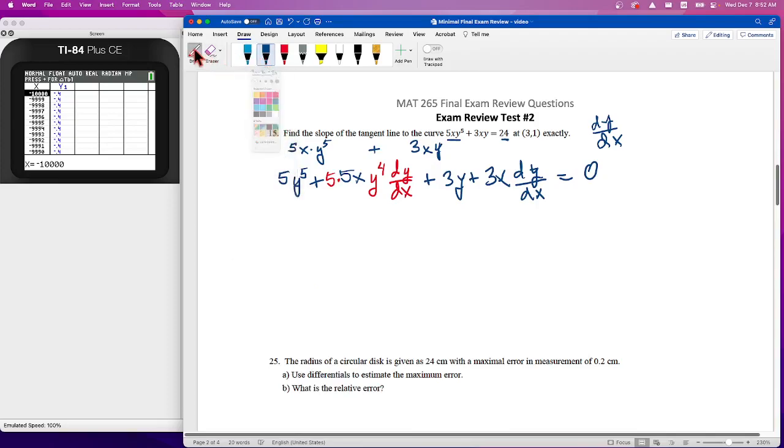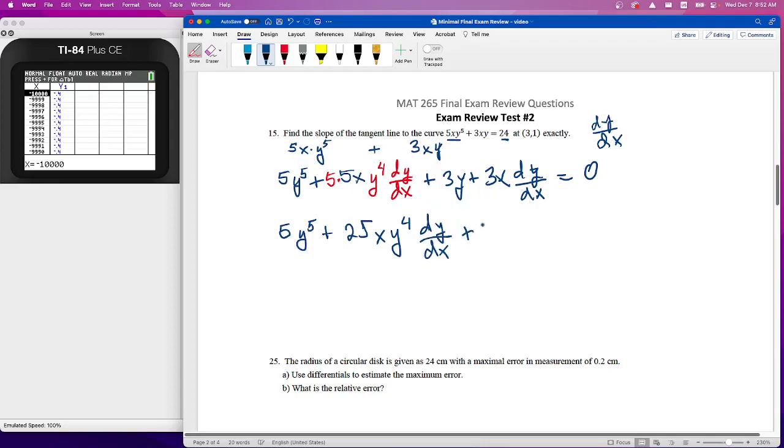Okay, let's come back here. Let's clean things up. So we've got a 5y to the fifth, no marker. 5 times 5 is 25xy to the fourth dy/dx.